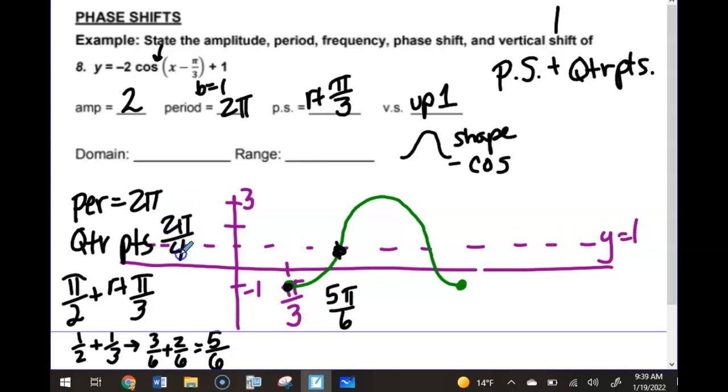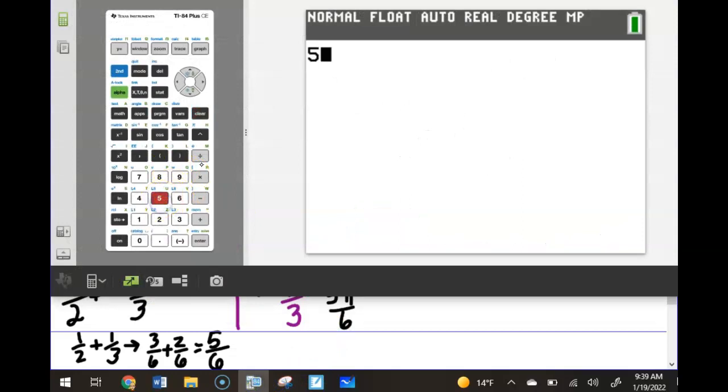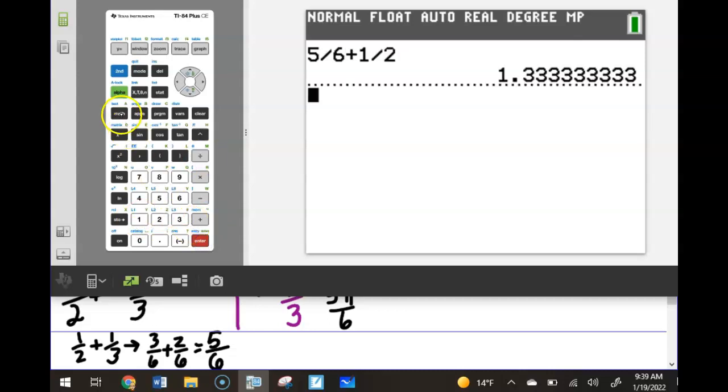We need to add a 1/2 onto that because these were the quarter points. That's what we're going to keep adding, those quarter points. So if I were at 5/6, and I add 1/2, which is really a pi over 2, I get 4/3.